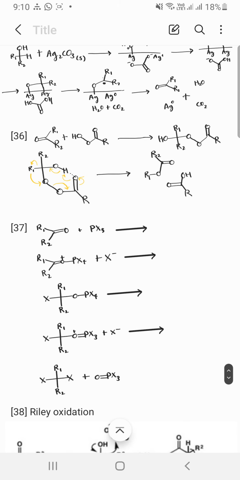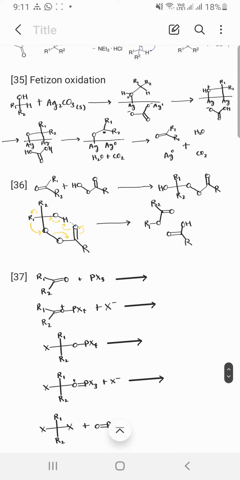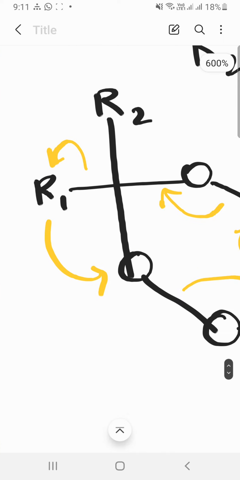That's Fetizon oxidation. Okay, then here you got ketone plus peroxy acid. We already got what happens with alkene plus peroxy acid. It just gives epoxide, but in this case it's a different thing. Yeah, you get this thing. Isn't that weird for some reason? Oh, this shift over here, this R1 shifting to a different oxygen, you'll see once more at some point.